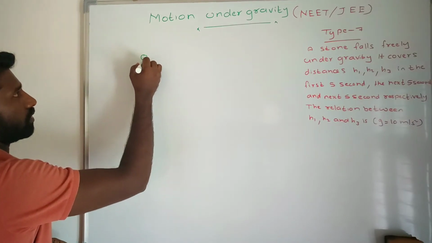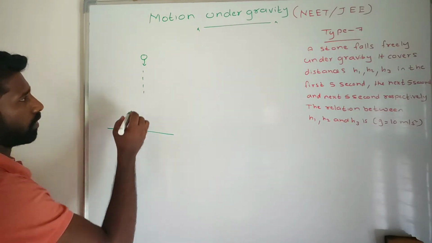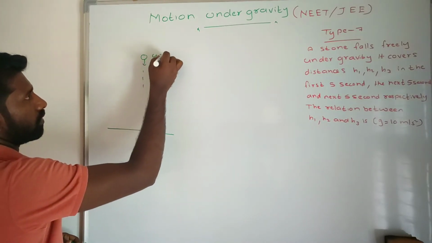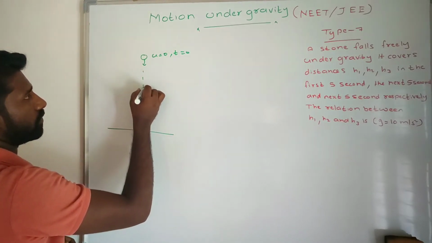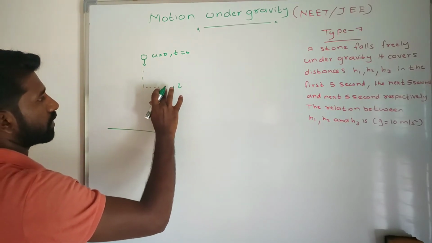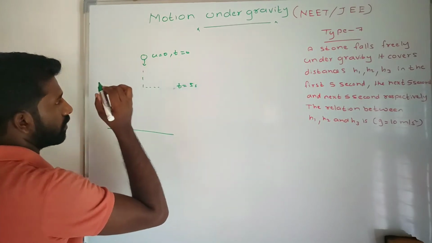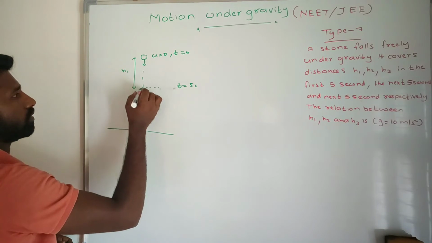That means look here. Initial velocity is 0 at t is equal to 0. After 5 seconds it has some velocity. Now the time is 5 seconds, and the distance covered by this body is h1.